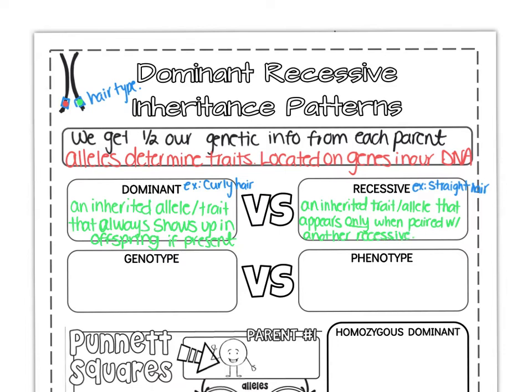Okay. A recessive gene will not show up when it's paired with dominant. All right, this is all a little fuzzy, I'm sure, but let's get to it.